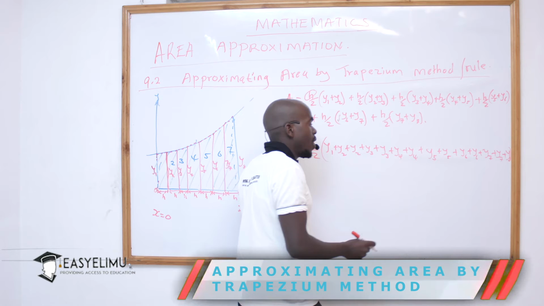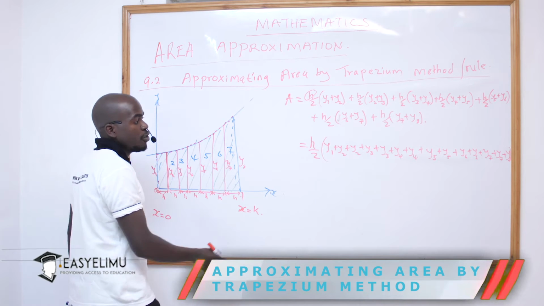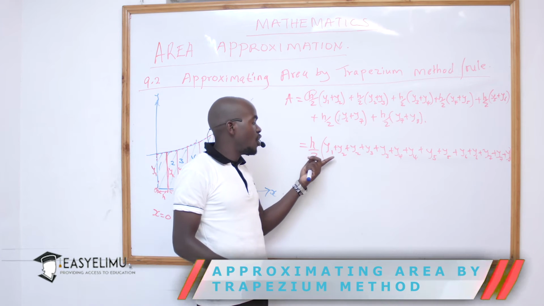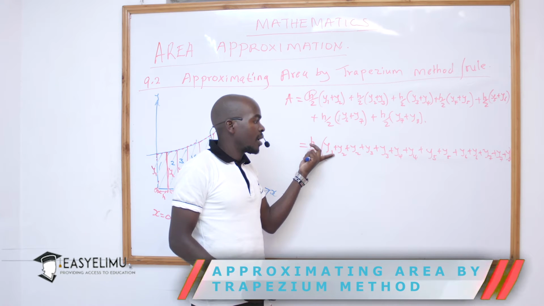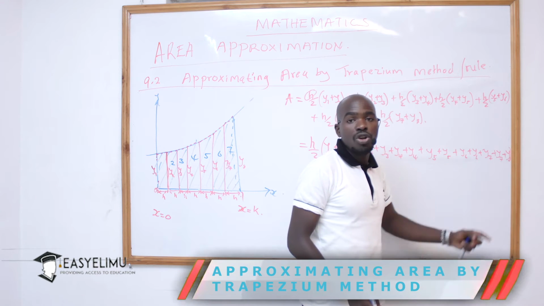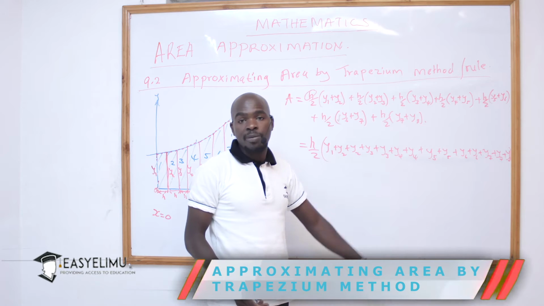Y8 is the final one. If you view it well, you will find that only the first one and the last one are not repeated, but the others are repeated.